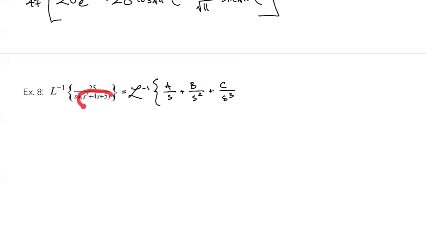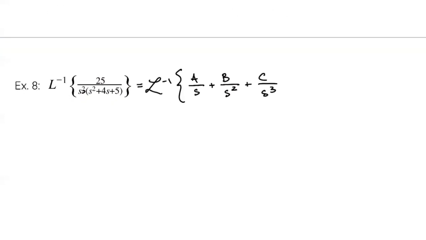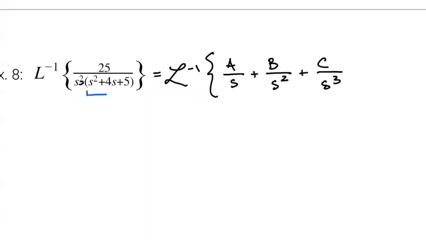Now we do notice that we have a quadratic factor down here, s squared plus 4s plus 5. Is that reducible or not? That's where we have to be careful. If it's irreducible, then I'm going to have a linear factor on top. But if it's reducible, I'm only going to have a constant on top.